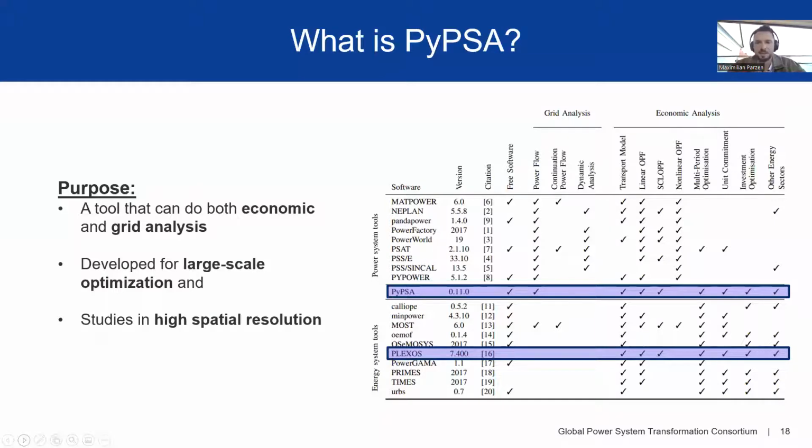That's the economic part, the investment planning part. PyPSA can do both, similar to PLEXOS. It's just open source, developed for large-scale optimization and also studies in high spatial resolution. Moving to the next slide.